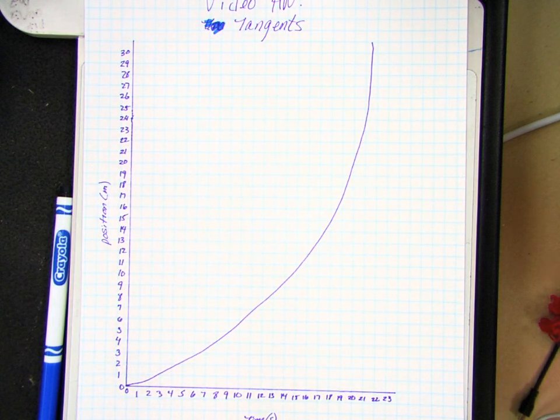So in order to find the velocities, there are two different ways we can find velocities, actually. We can find the average velocity, or we can find the instantaneous velocity.